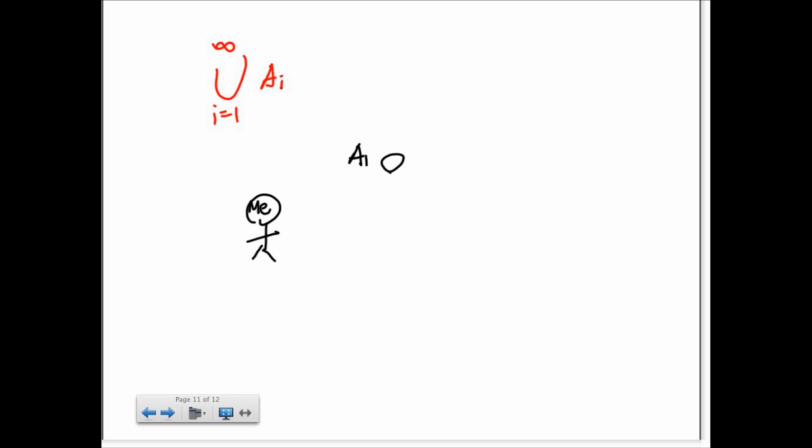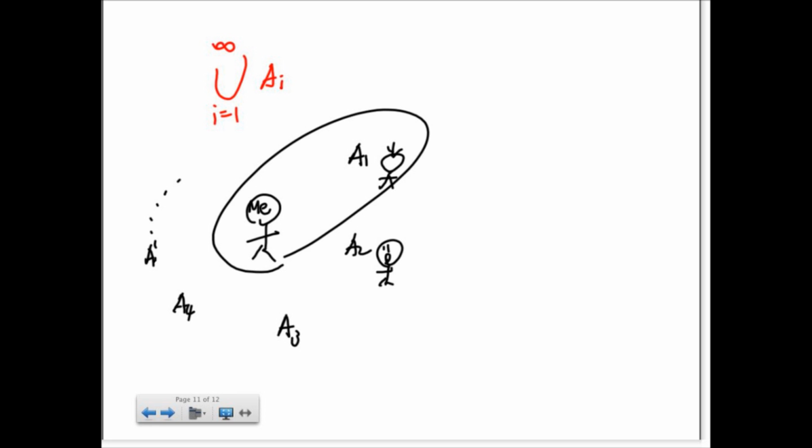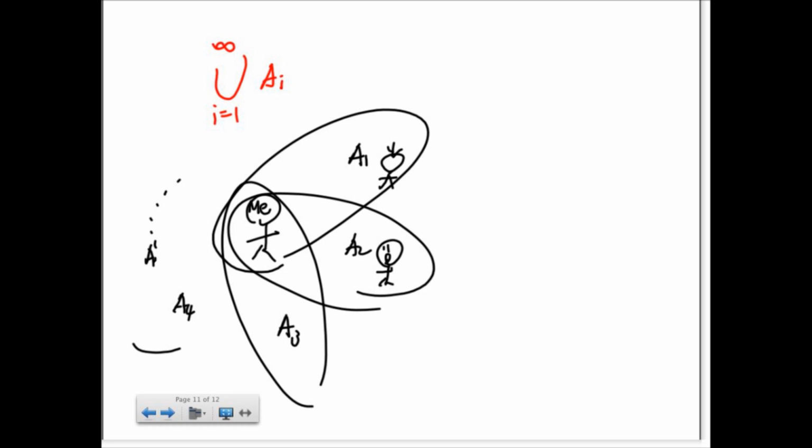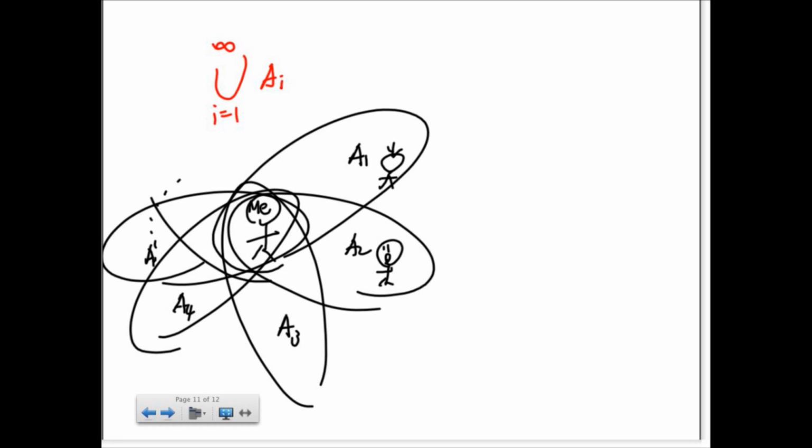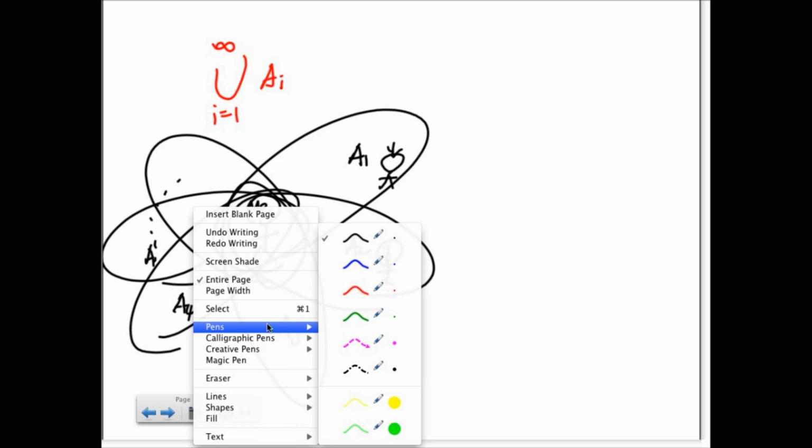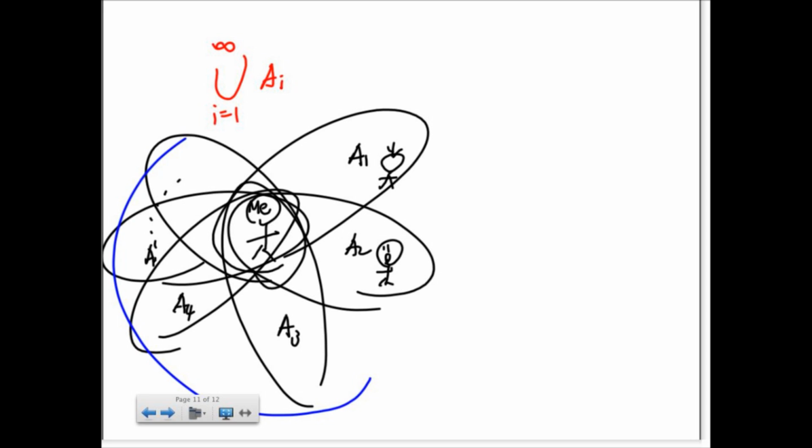And I have friend set A1 with spiky hairs, and then A2 with open mouths, and a lot more friends with special features. They all know me, but they don't know each other. So now the generalized union will be all of us. This includes all of us.